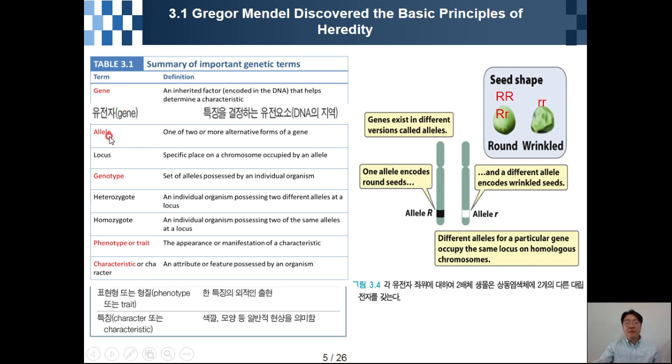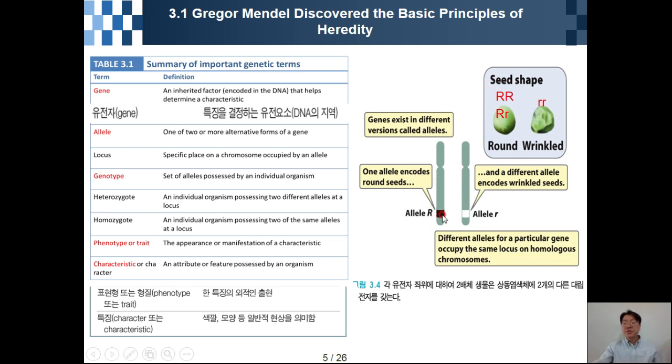Next, allele. An allele is one of two or more alternative forms of a gene. For example, seed shape: one is round, one is wrinkled. For example, we have a homologous chromosome.